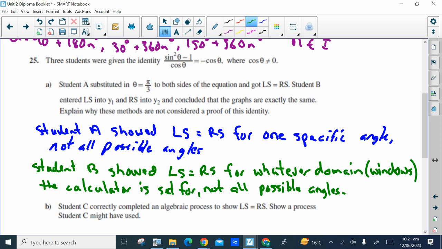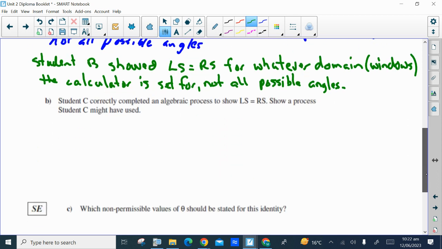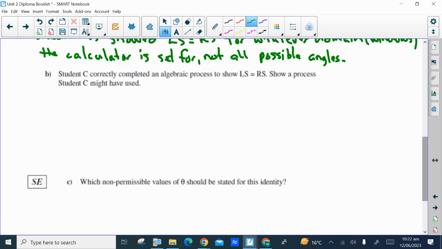Student C correctly completed an algebraic process to show that left side equals right side. So show a process that student C might have used. So this is the algebraic approach that we did. So we'll start with sine squared theta minus 1 all over cos theta has to equal negative cosine theta.